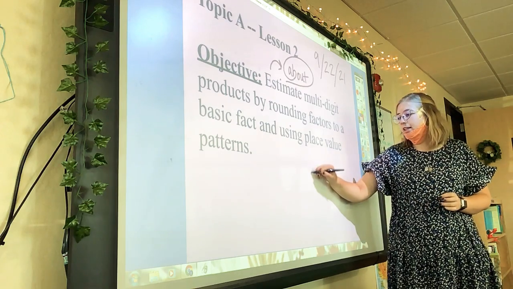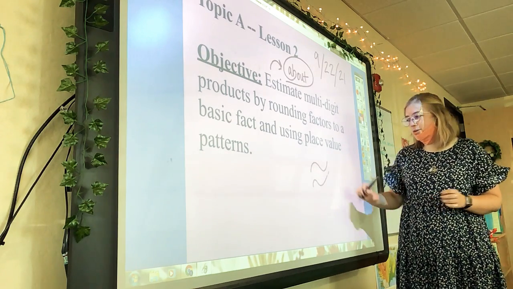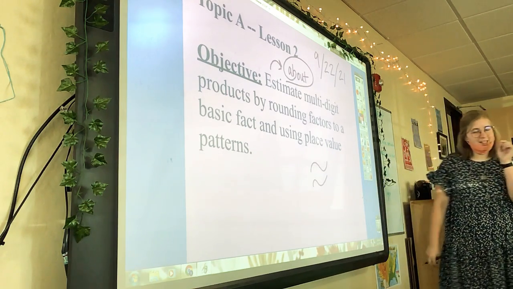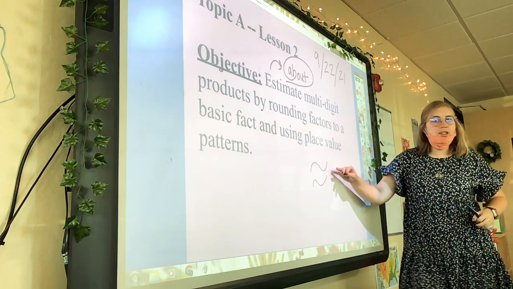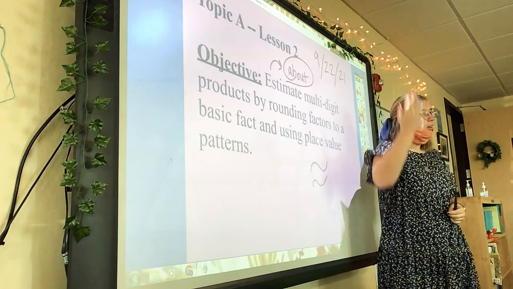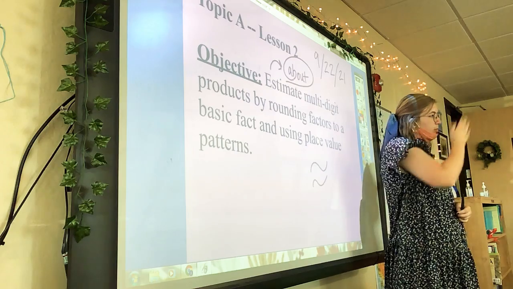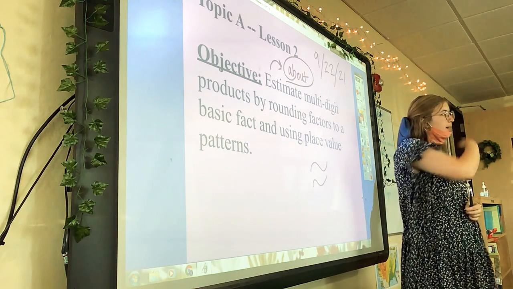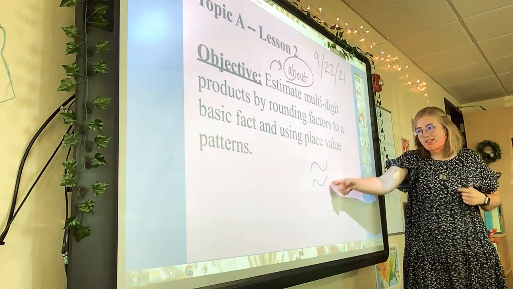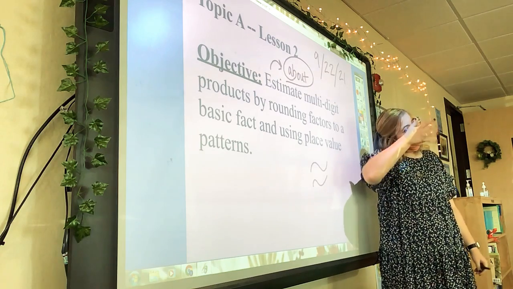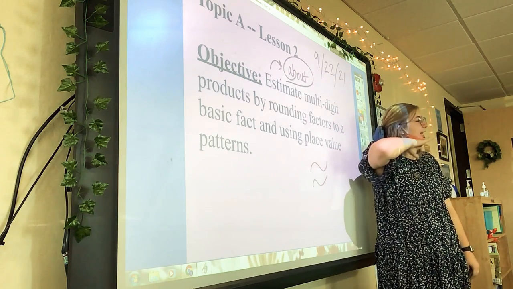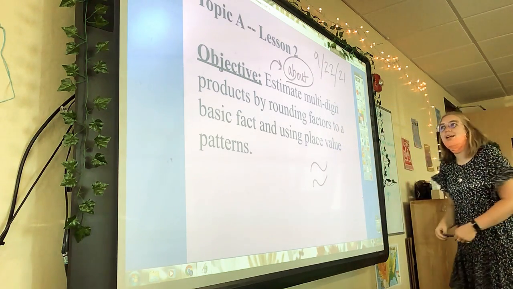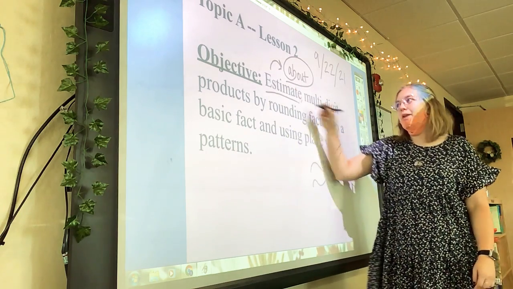And remember, I like how Drew asked, wait, why are those equal signs squiggly? Remember, squiggly means about. Everybody go like this and show me about, and say about. About. You also can say when you see this, it's about this. That's what I want going through your brain as soon as you see estimate, okay?